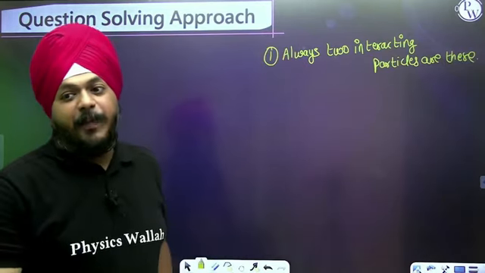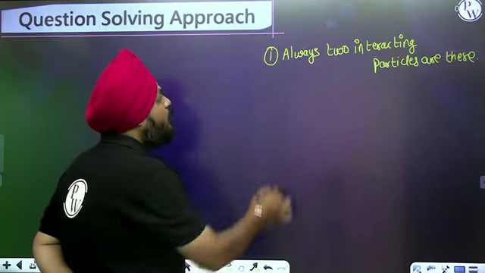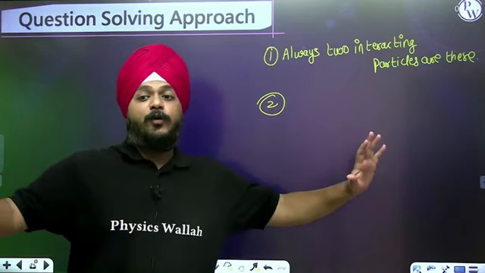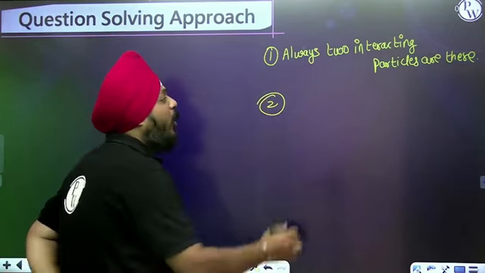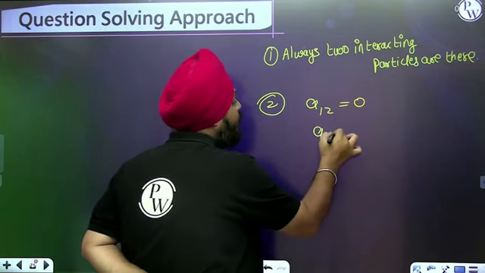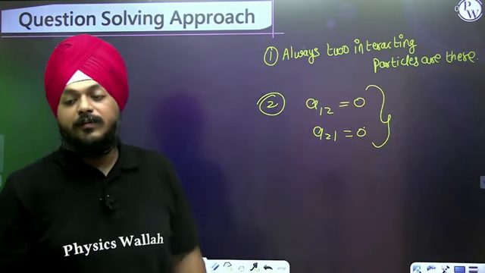So this is step 1. What is the question solving approach for all kinds of problems? Check whether acceleration of 1 with respect to 0, and acceleration of 2 with respect to 0, is there or not.